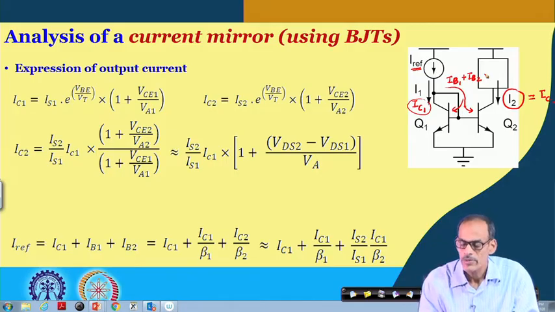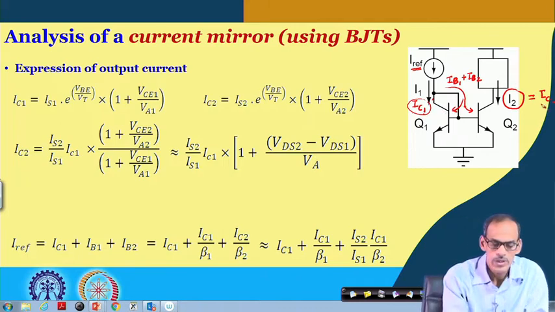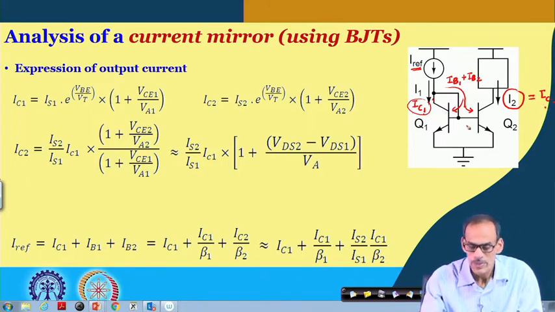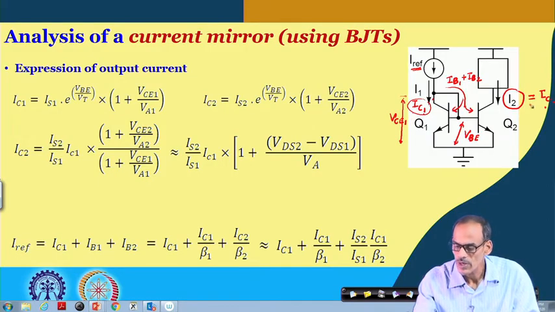Okay. But before that, let us write the expression of the collector current of transistor 1 and transistor 2 in terms of the common VBE voltage and the corresponding VCE, VCE 1 here, and here we have VCE 2.